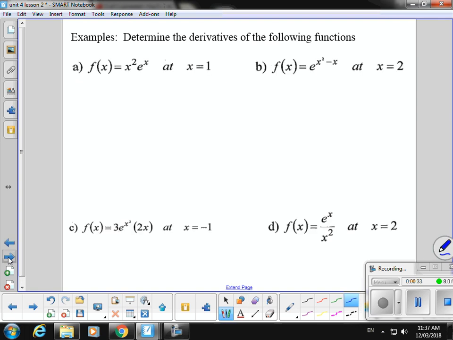So if I have f of x equals x squared e to the x, I have some old rules at play, in that I have a product. So if I want the derivative, I have to remember I've got x squared times e to the x. So I've got the derivative of the first times the second plus the first times the derivative of the second.